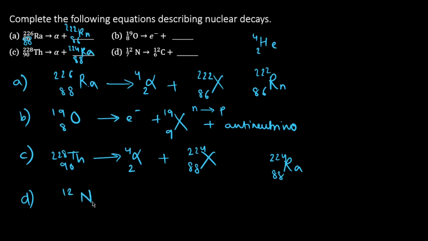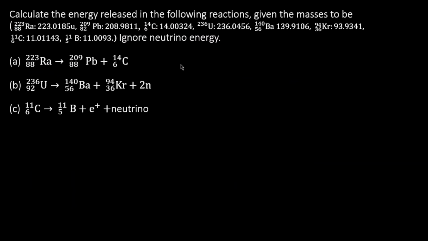Nitrogen 12, 7 gives you carbon 12, 6 plus. In this reaction our atomic number is decreased by 1. This implies that our proton is converted into a neutron. So a positron will be released along with a neutrino. Calculate the energy release in the following reactions given the masses.